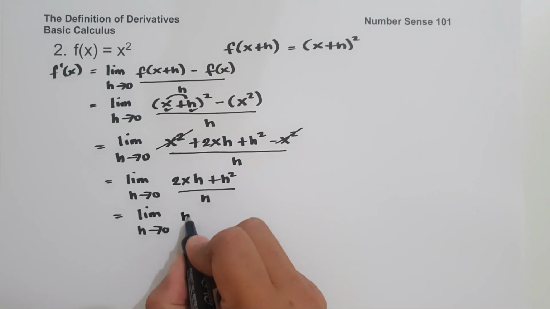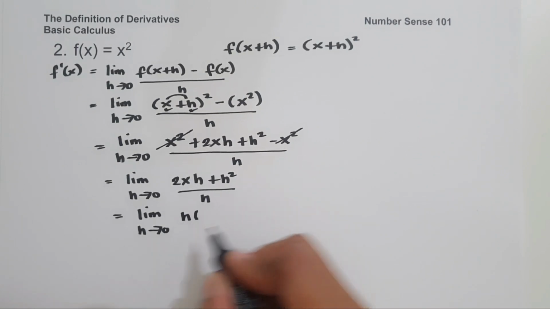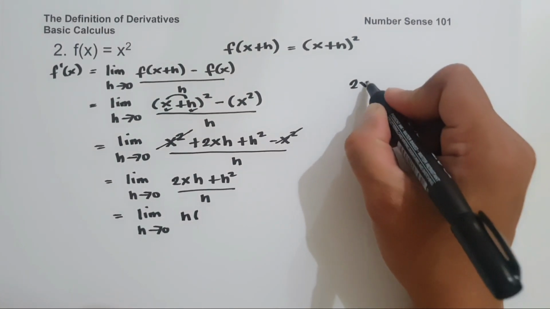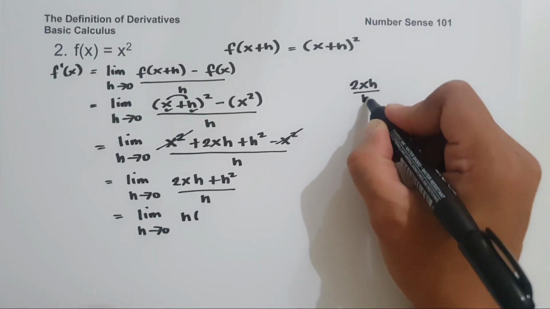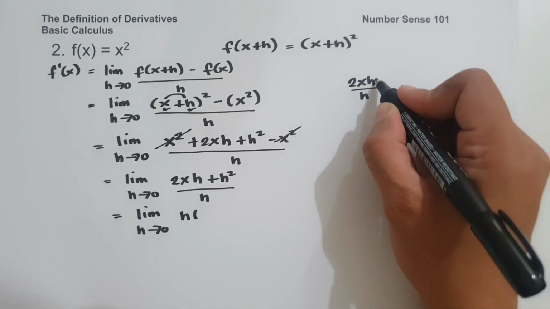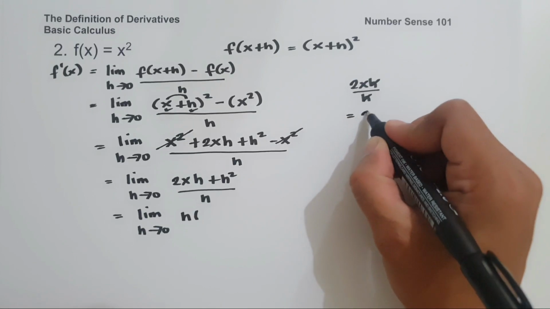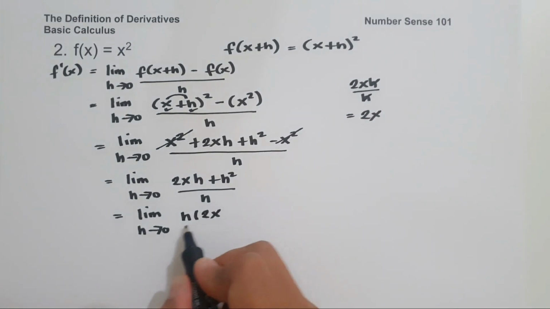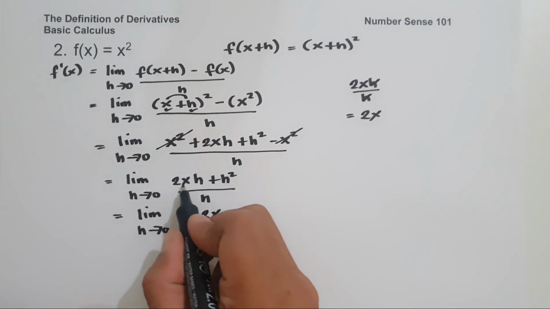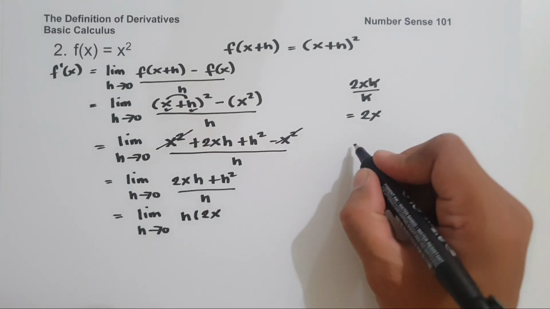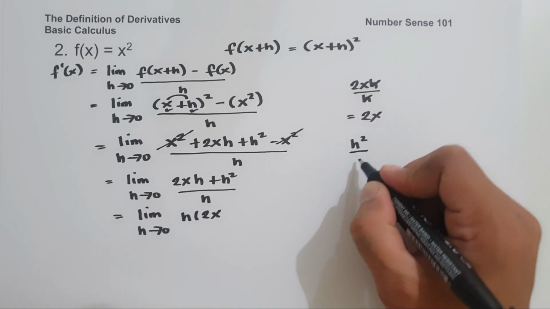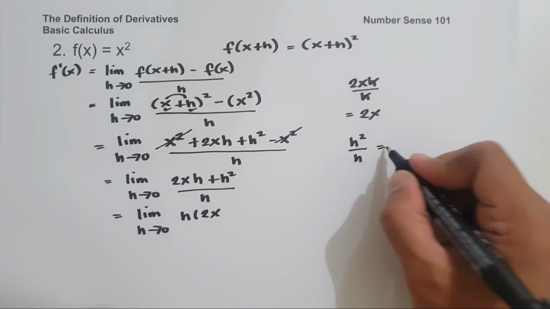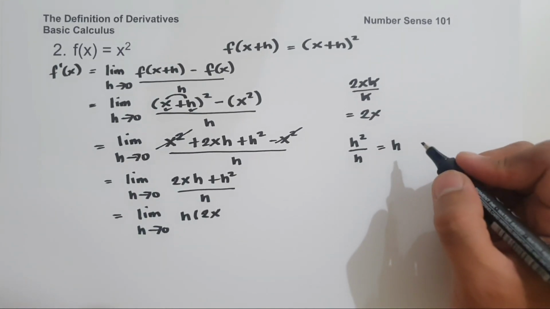So this will be h as the greatest common factor, and then 2xh divided by h, the greatest common factor, we can cancel this one. It will give us 2x. If you multiply 2x and h, this will give us 2xh. And then h squared divided by h is simply h.